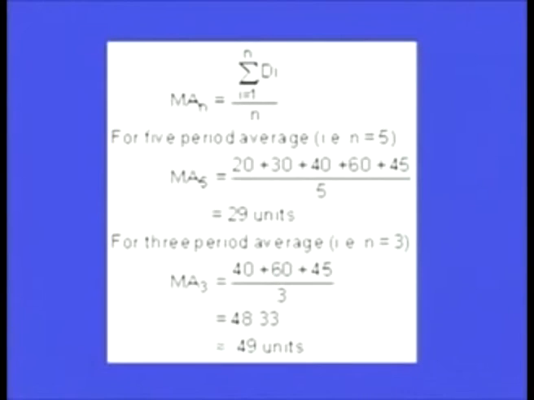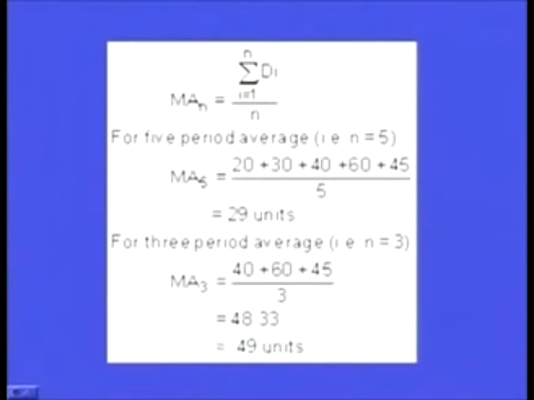Now, here you can see the moving average for an n period moving average. Here, n in the first case is 5, and di is the data which is already available with us. So, i goes from 1 to n, that is, 1 to 5. For a 5 period moving average, that is n equal to 5, we are using all the 5 months of data available with us, that is 20 plus 30 plus 40 plus 60 plus 45, divided by 5.